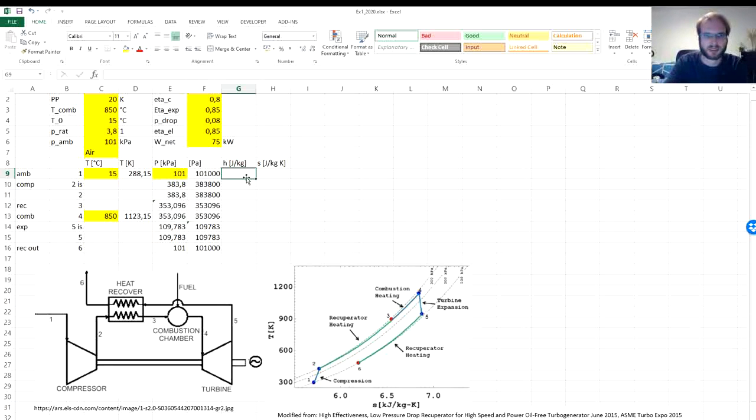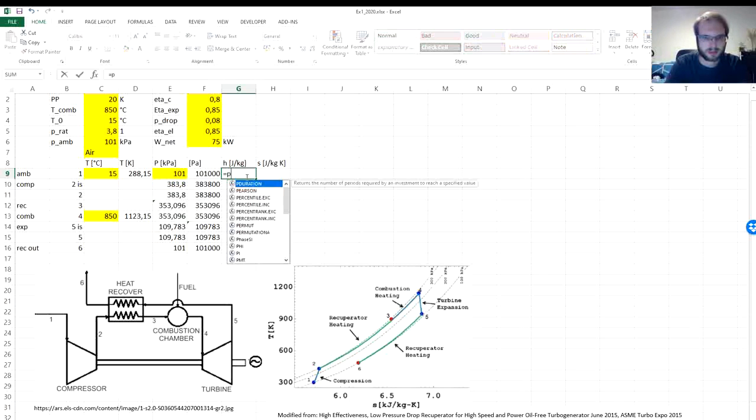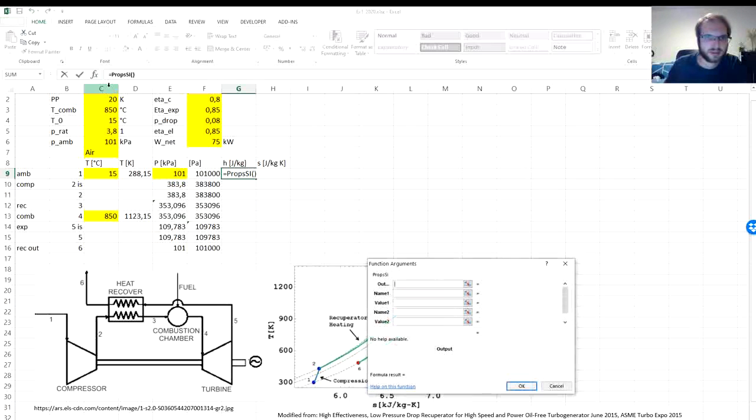Let's get the enthalpies. So function props SI, where the output is enthalpy. We already have here joules per kilogram, basic SI units. And the parameters which we will use: at all points of the system it's a gas, so we can always use the function of pressure and temperature.